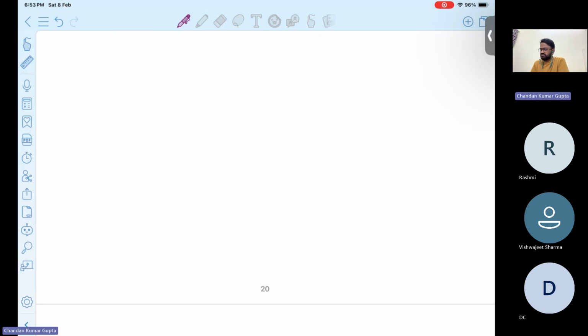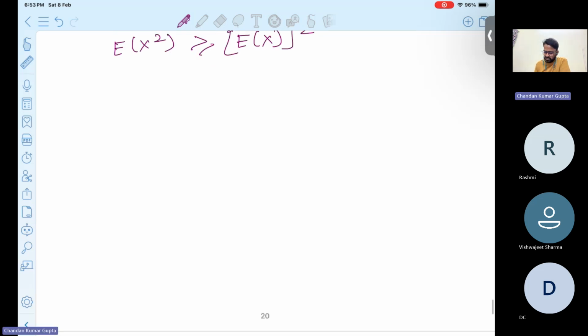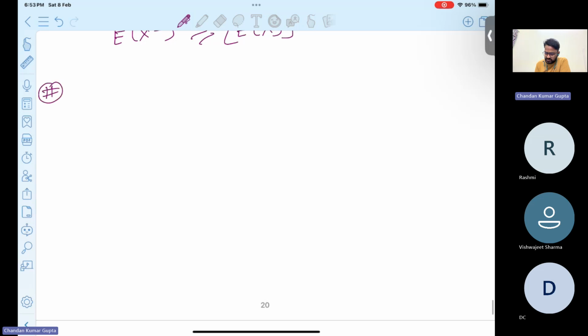And there is one more inequality, Lyapunov's inequality.